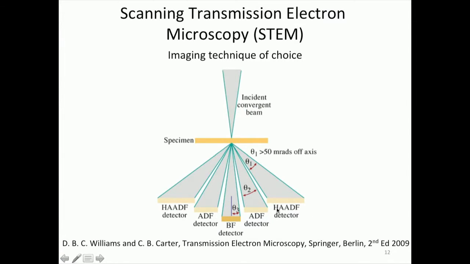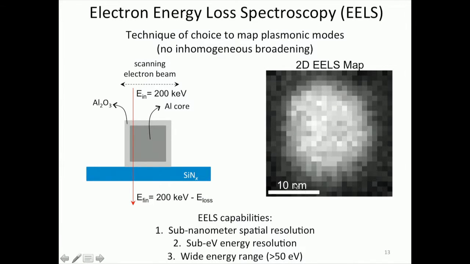We're going to use those signals to image our structures. And in order to collect the electron loss, we're going to collect more towards the center of the optical axis. So as I told you, we're going to use electron energy loss spectroscopy to map the surface plasmon modes.